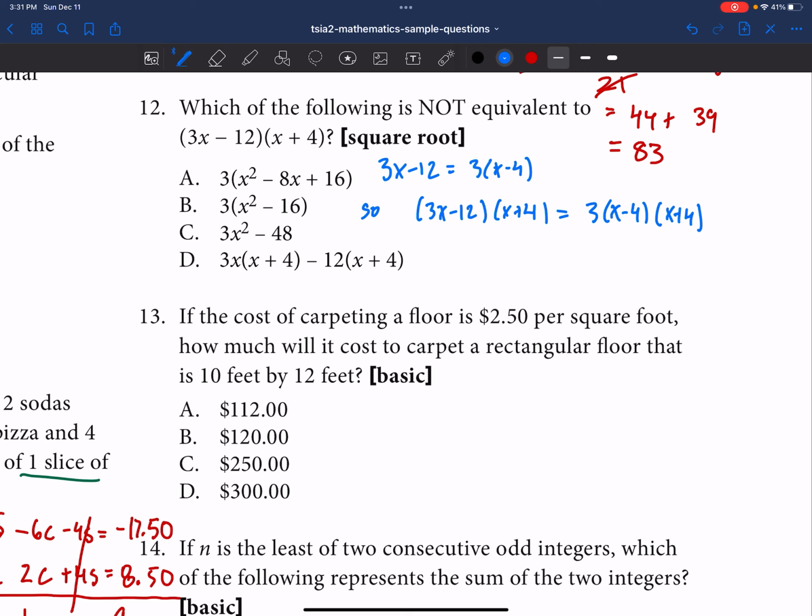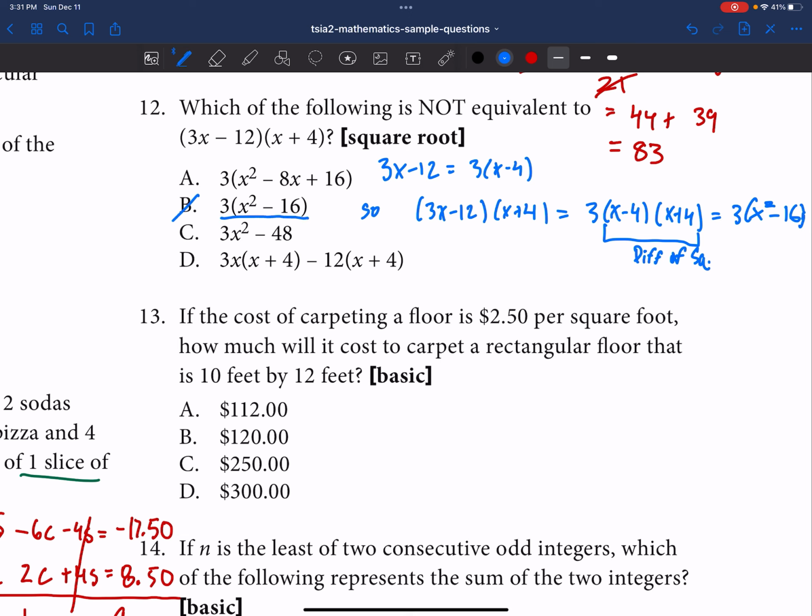Now, if you know that this is a difference of squares, a plus b times a minus b, then you know that this multiplies to be 3 times x squared minus 16. And that would be this answer choice.